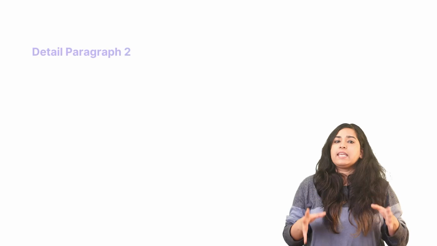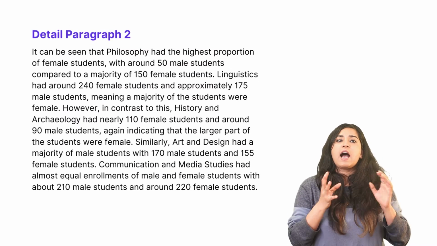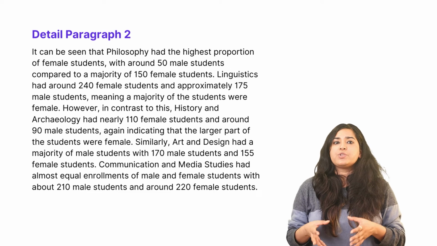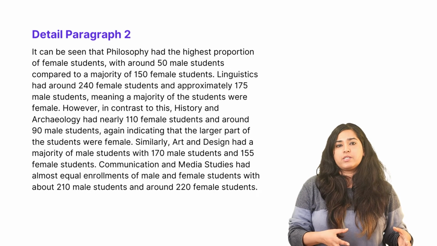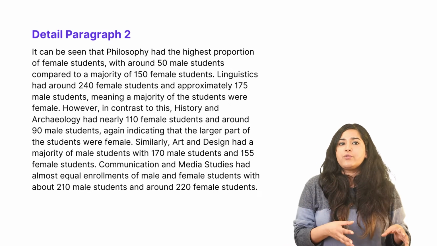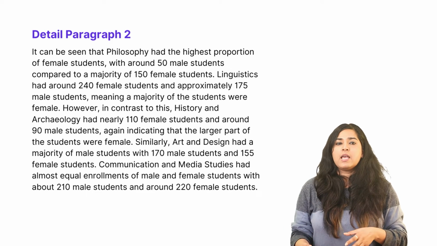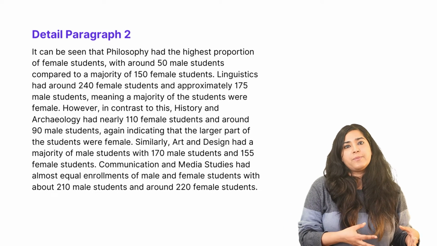Here, we're going to address the proportion of female to male students for each subject. It can be seen that philosophy had the highest proportion of female students, with around 50 male students compared to a majority of 150 female students. Linguistics had around 240 female students and approximately 175 male students, meaning a majority of the students were female.